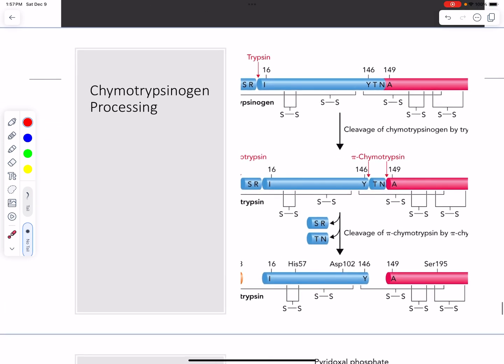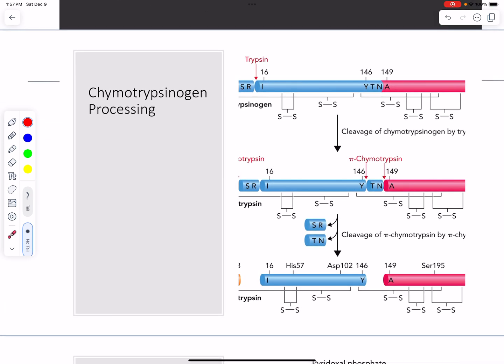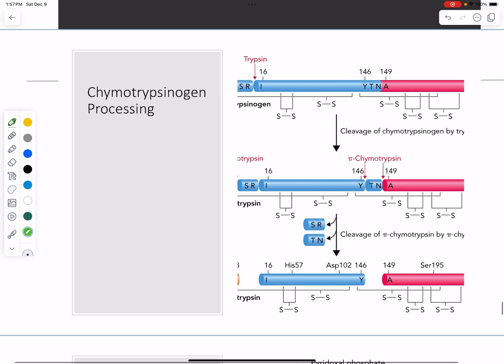So another enzyme that is produced in zymogen form and then processed by proteolysis to produce its final form is chymotrypsin, and this figure got cut off a little bit. Apologize for that, but the important parts are visible here.